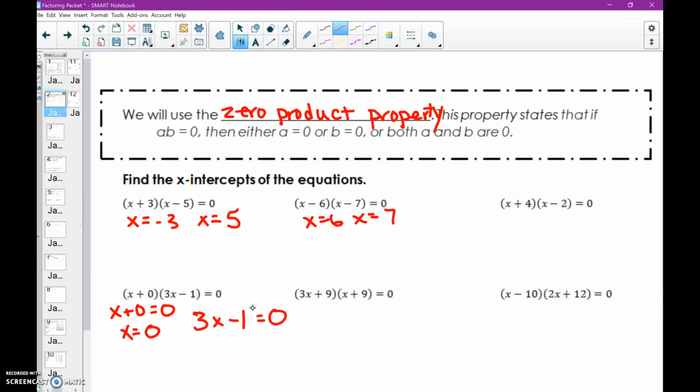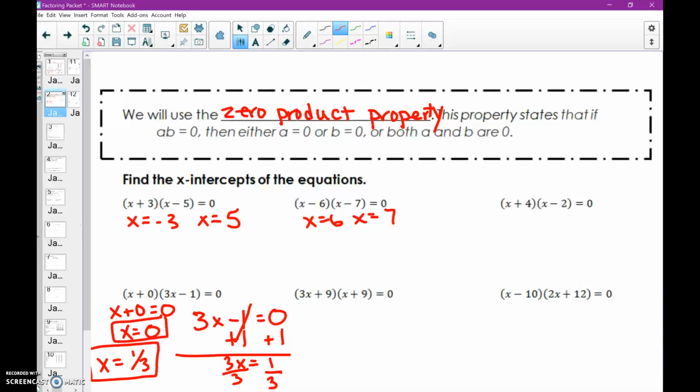It's not just +1. I'm going to have to do some algebra, so I'll add 1 to both sides. And I get 3x equals 1, and then to get x by itself, I divide by 3, which means my second x value is x equals 1/3. So this time I got a fraction worked in there.